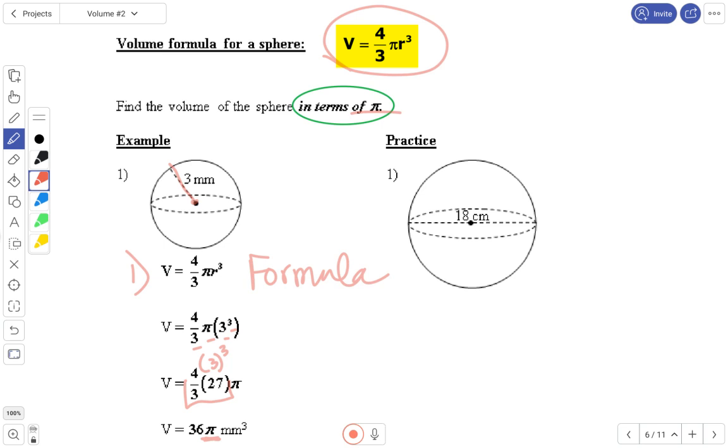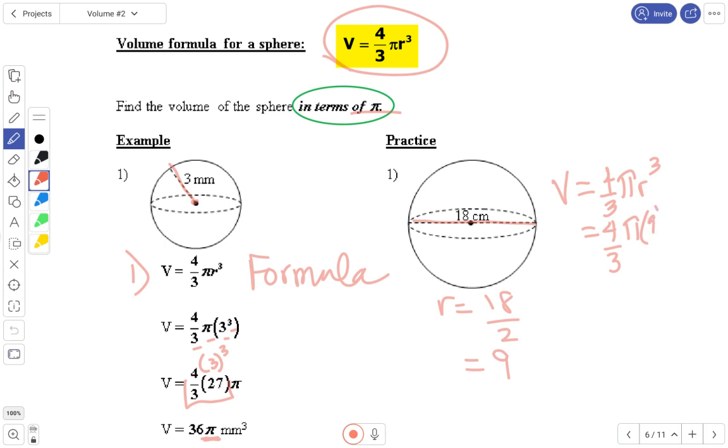All right, let's do another example. I have another sphere, and I remember that my formula is 4/3 pi r cubed. So I'm going to plug in what I know, 4/3. Now, I'm given the diameter of 18. So I know to find my radius, I have to take 18 and divide it by 2. So my radius will be 9.